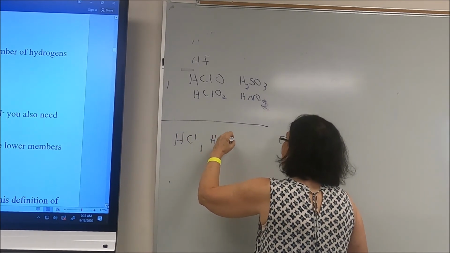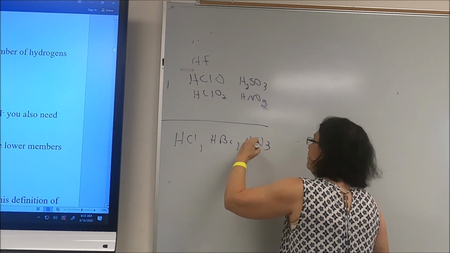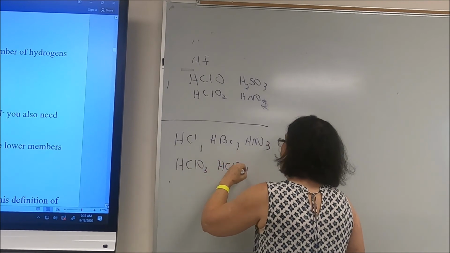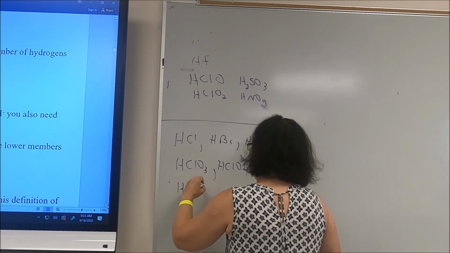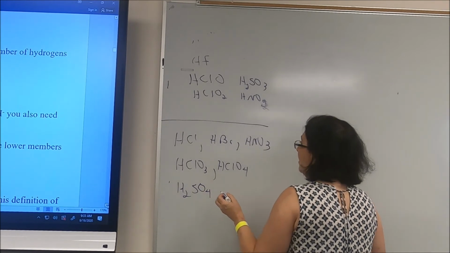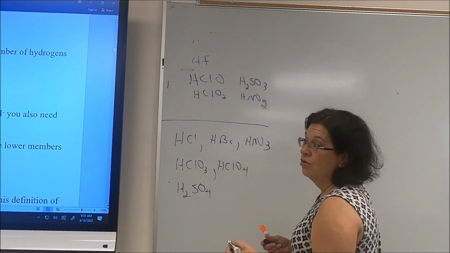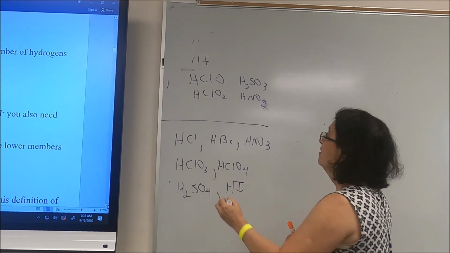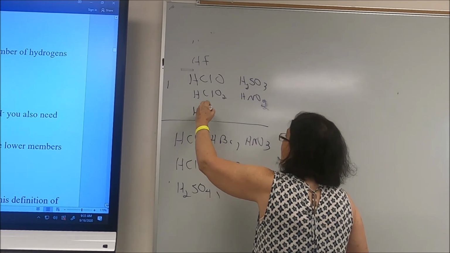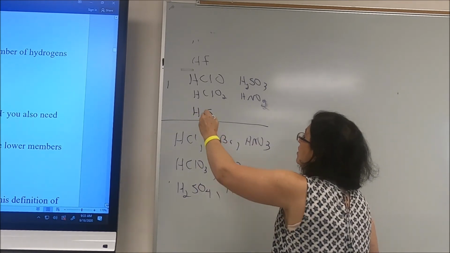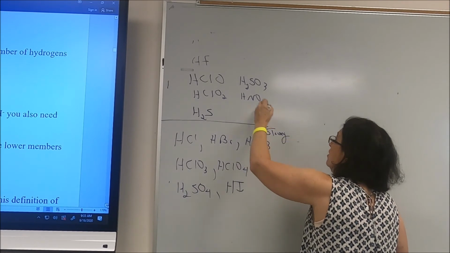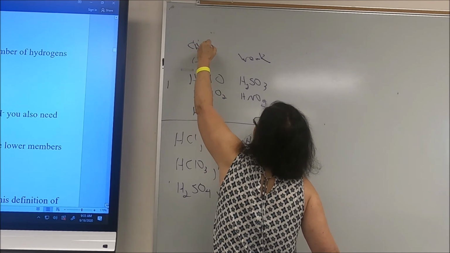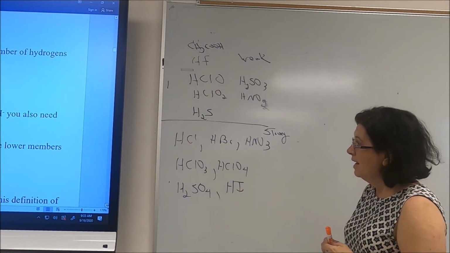HCl, HBr, HNO3, HClO3, HClO4, H2SO4, HI are all examples of strong acids. Another example of a weak acid is H2S. So these are strong. These are weak. Examples of weak and strong acids.